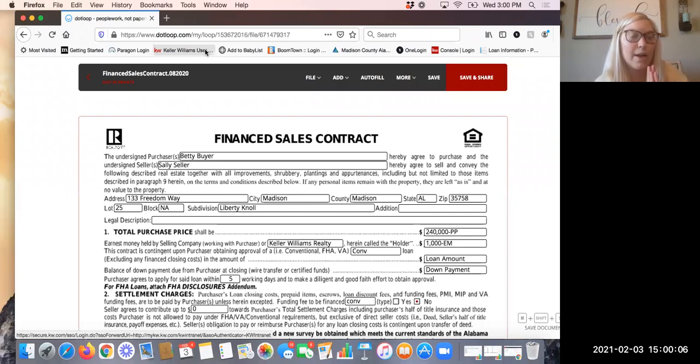Our Contracts 1 class is really just to set the foundation to teach you how to actually write a contract if you need to. So it's just kind of the first step. And then we go into more detail in Contracts 2. And I will tell you, take Contracts 1 as many times as you want, because I don't always teach it exactly the same.